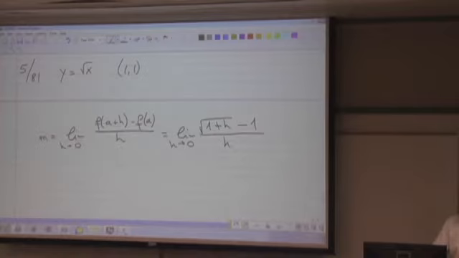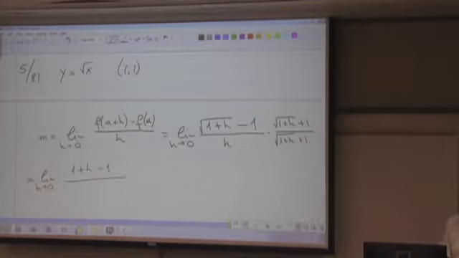Now we have to multiply the top and bottom by square root of 1 plus h plus 1, divided by the square root of 1 plus h plus 1. What do we get on top? 1 plus h minus 1.